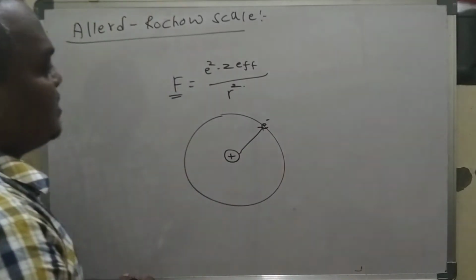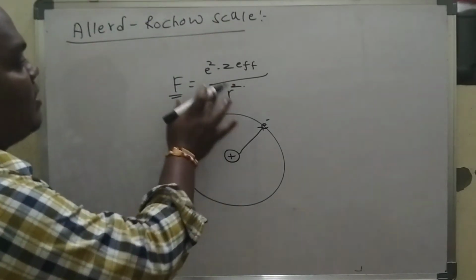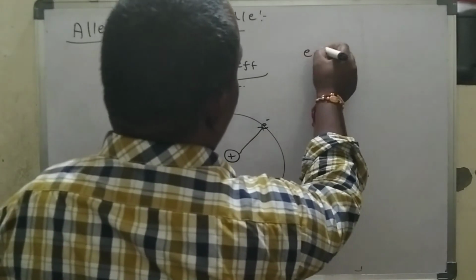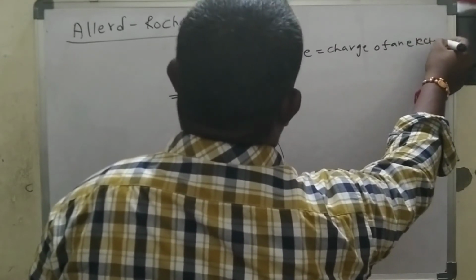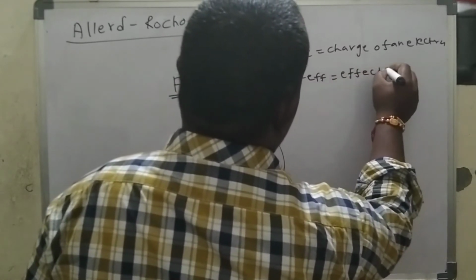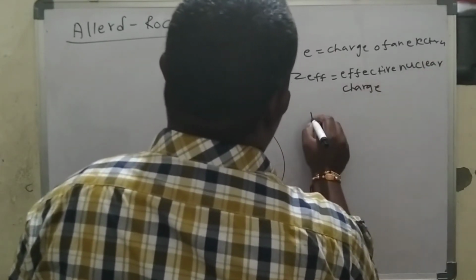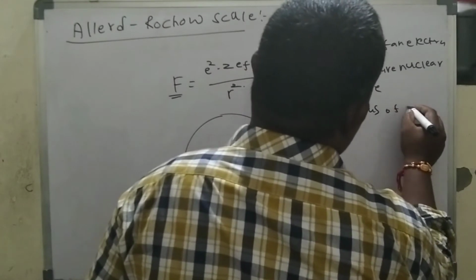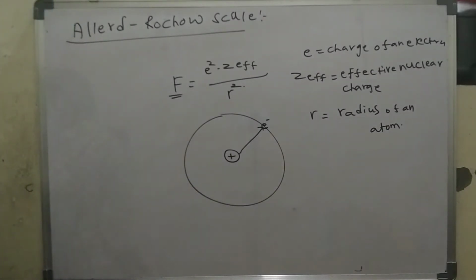How much force is exerted by the nucleus on the outermost electron can be calculated by the formula e squared Zeff by r squared, where e is the charge of an electron, Zeff is the effective nuclear charge, and r is the radius of the atom, simply the covalent radius.